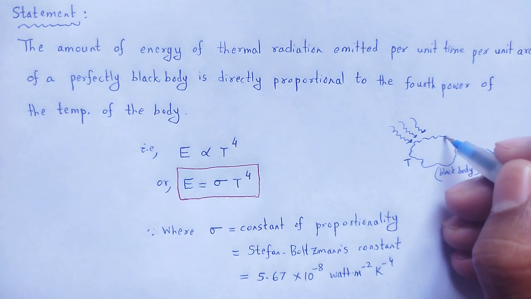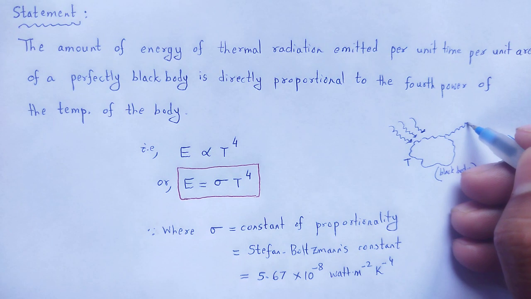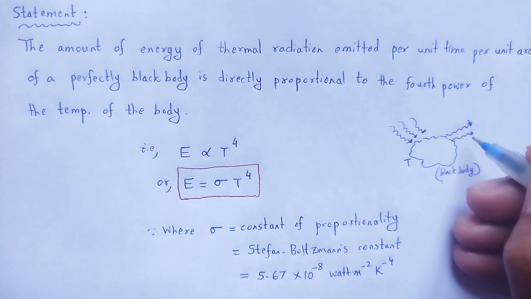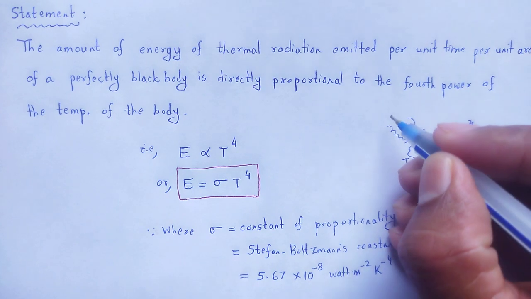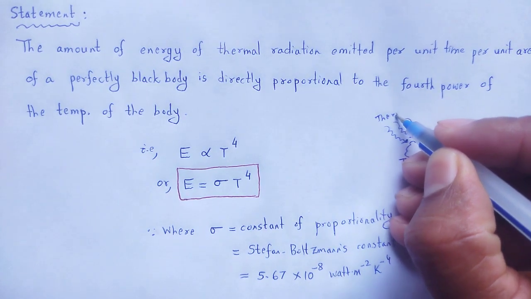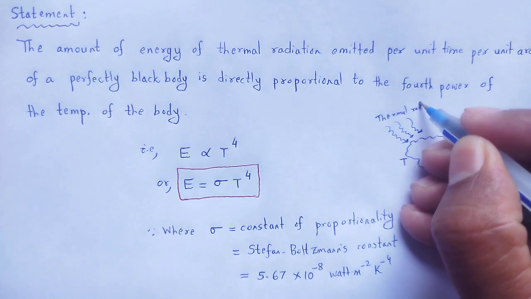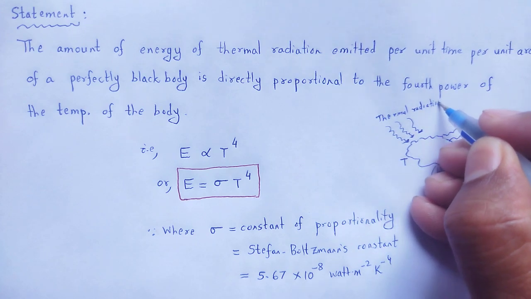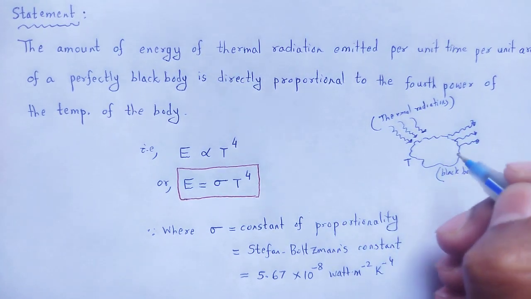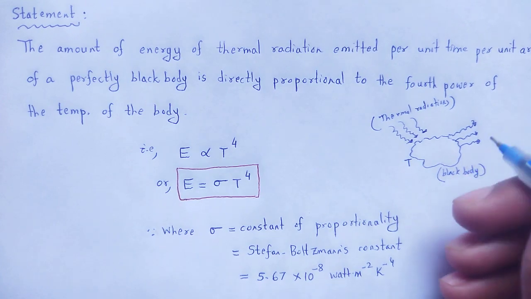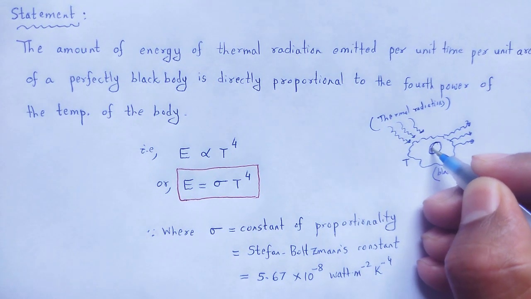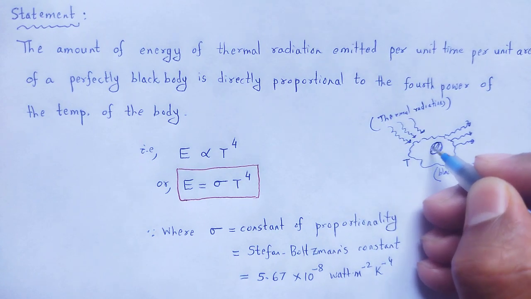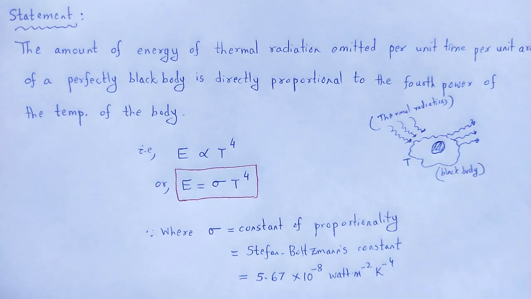The thermal radiations are absorbed and thermal radiations are emitted. Let me consider one unit area of that particular black body.